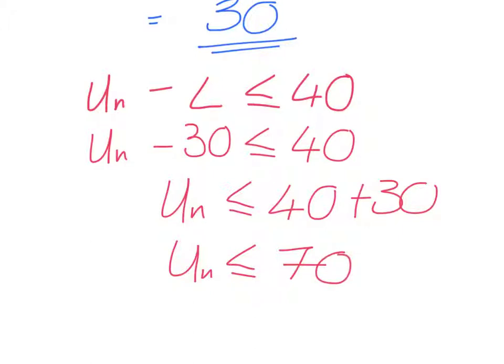So that means we're going to actually use our recurrence relation now to work out u1 and then u2 and u3 and so on. When we get a value that drops below 70, then the n value that gives us that will be the one that we require.